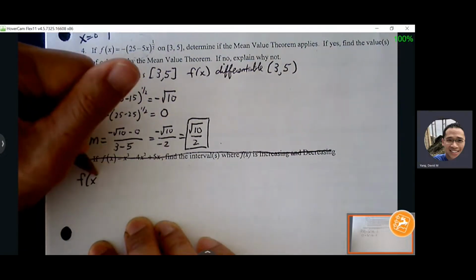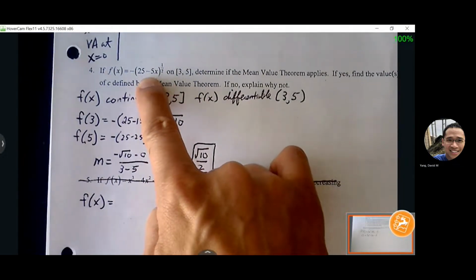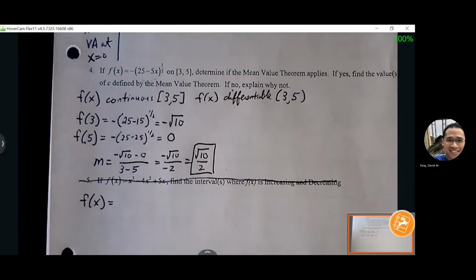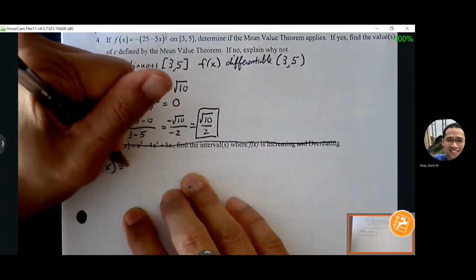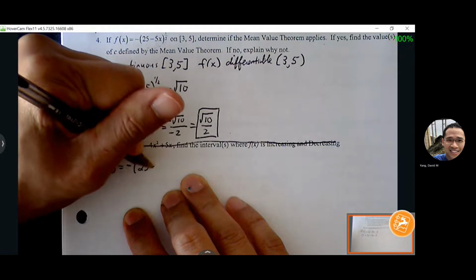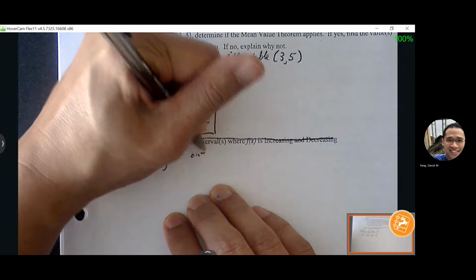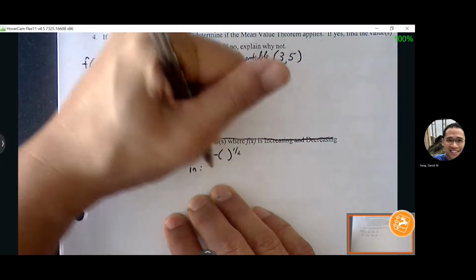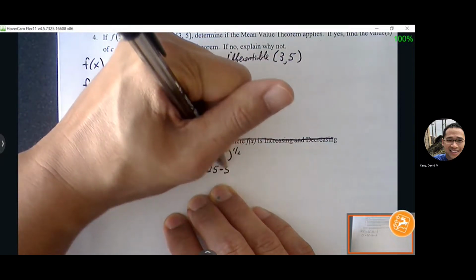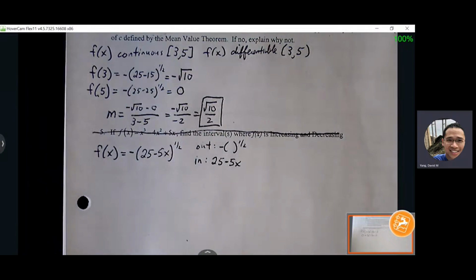Now, if I want to find the derivative of this function, what do you think is required here? Chain rule, right? I got parentheses with messiness on the inside, with an exponent on the outside. I got to do outside and inside portion. Okay, so let's do the outside derivative first.